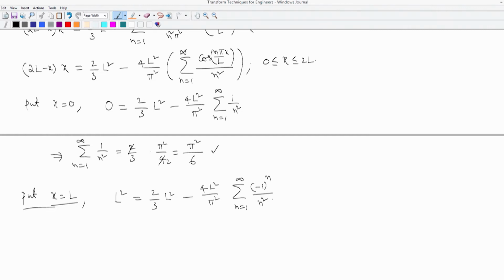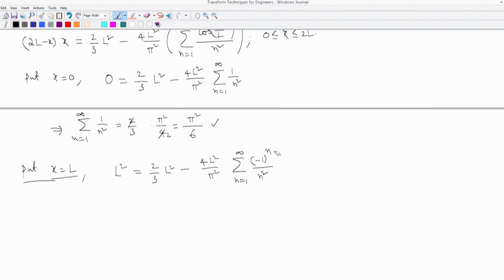Put n equal to 1, cos pi is minus 1, and so on.